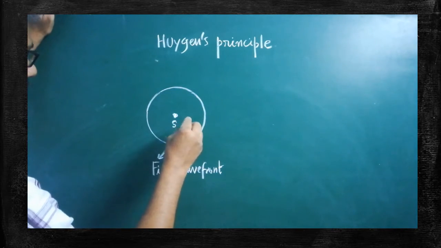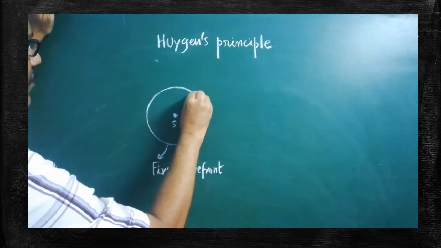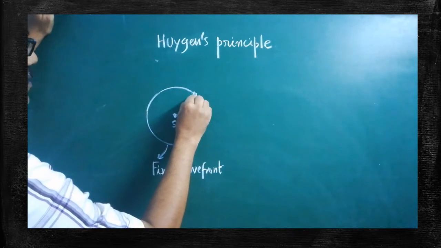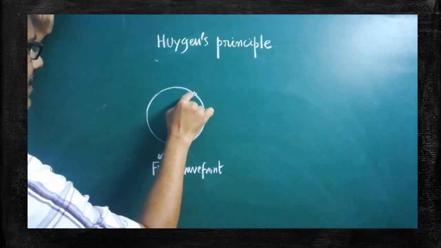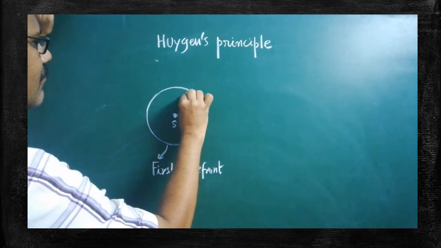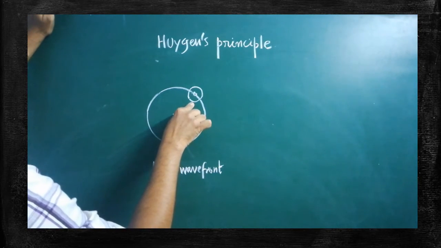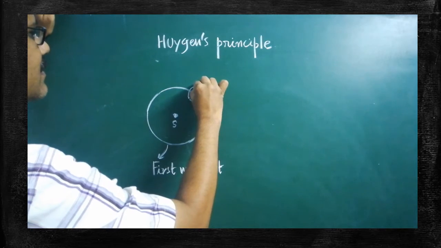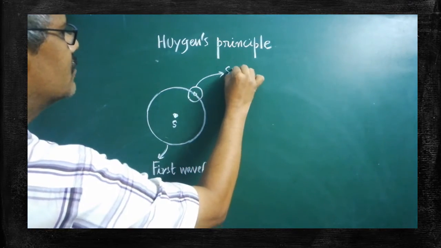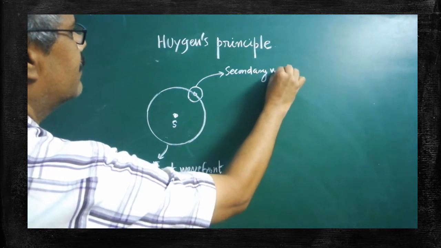Now we are going to learn the first principle. Let us imagine a point here. I am putting a marking on the surface of the first wavefront. This point will act as the source of a small wavefront. This small wavefront, what I am drawing now, is called a wavelet, or a secondary wavelet.